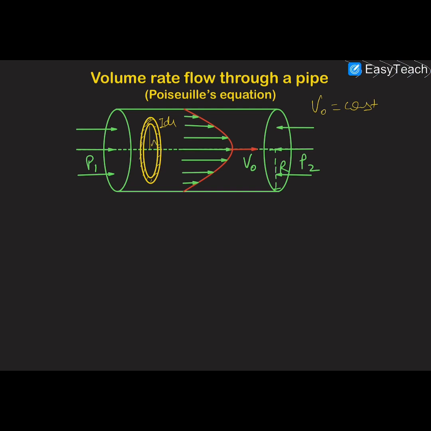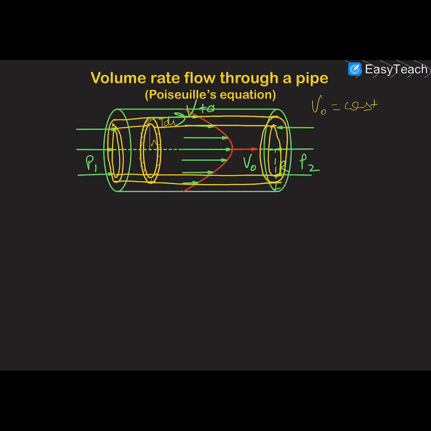Okay, and you can assume that this is a cylinder, like that. So this is a cylinder, and the velocity of the liquid on the top point of the cylinder is v plus dv.